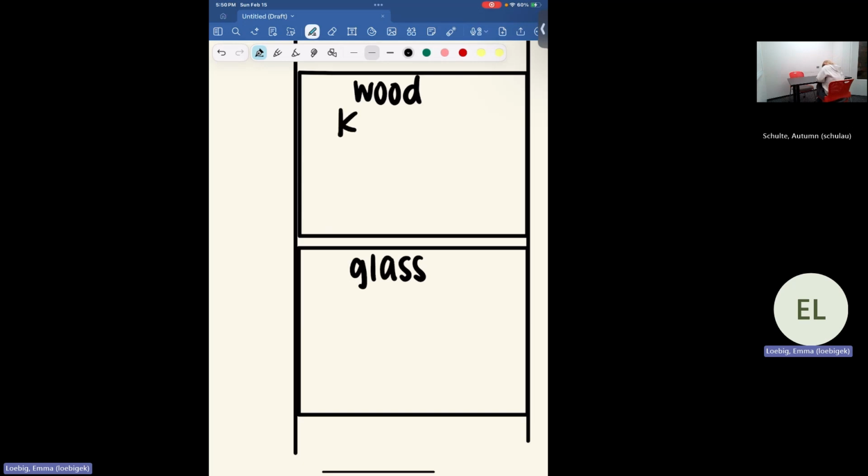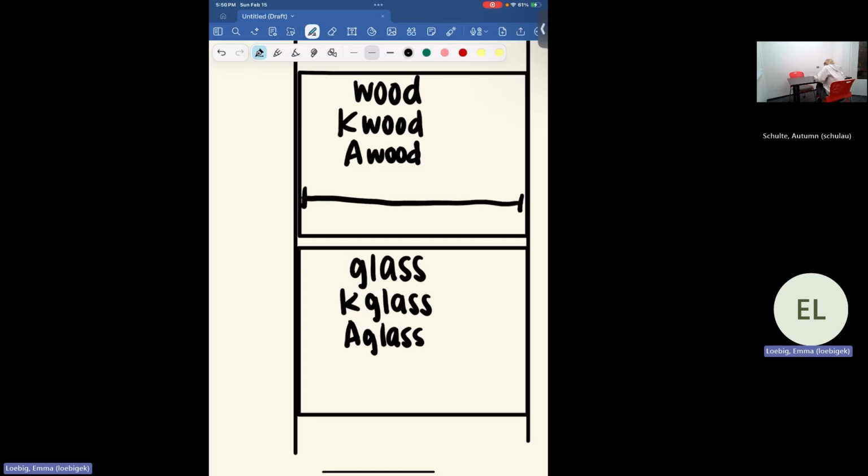So for wood it's going to be denoted with K wood, and glass is going to be K glass. They're also going to have different areas, so we're going to put this as A wood, and this area is A glass. And then they're going to have different thicknesses again. So this is going to be the thickness of the wood, L wood, and this is going to be the thickness of the glass, L glass.